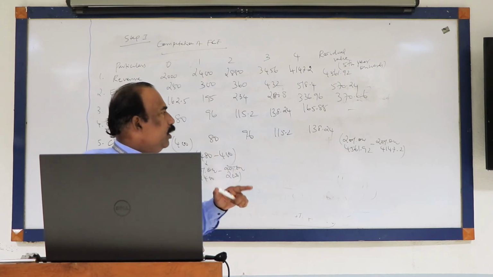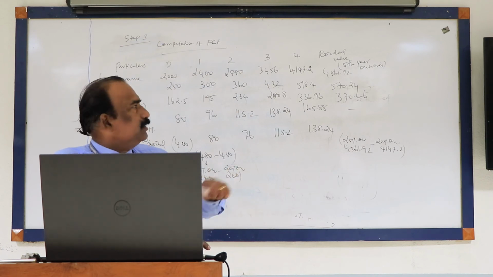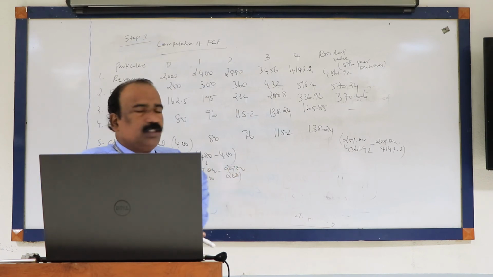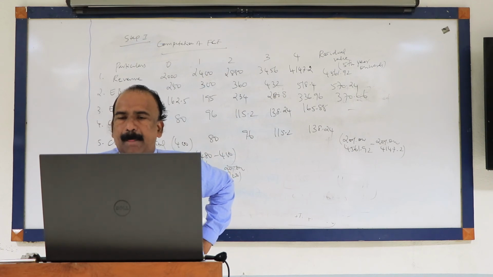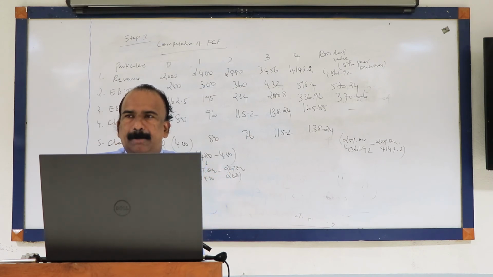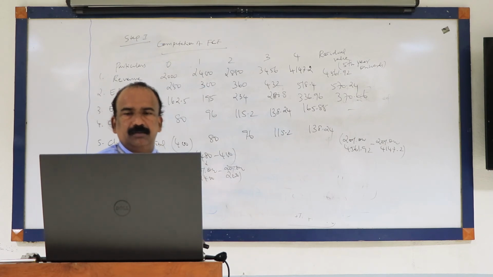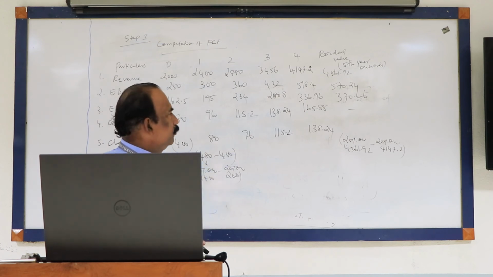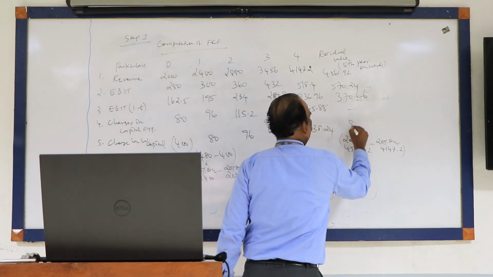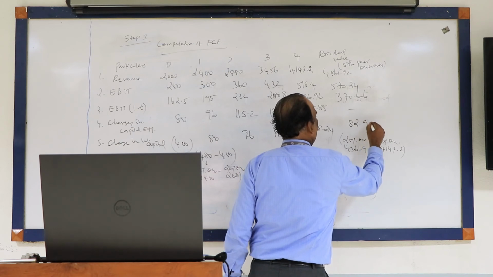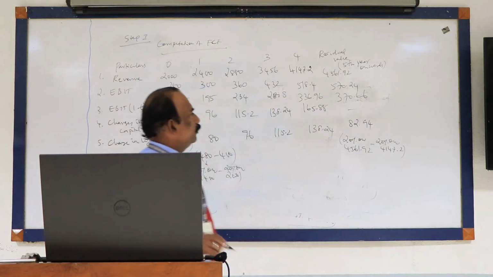So 20% on 4561.92 minus 20% on 4147.2. How much comes? 82.944. Correct? Yes, sir, 82.944.